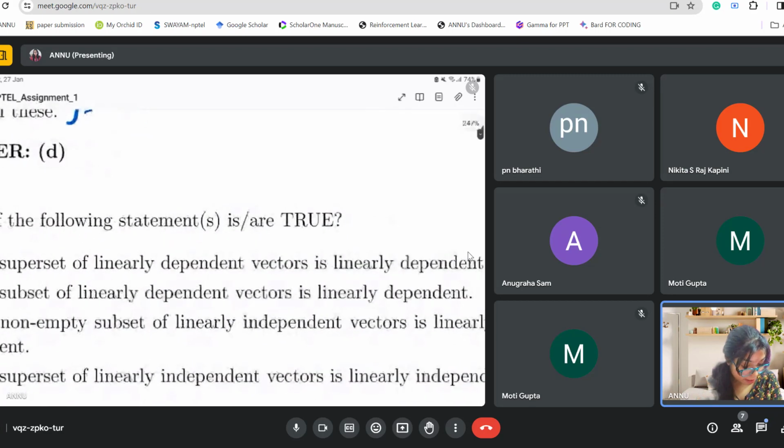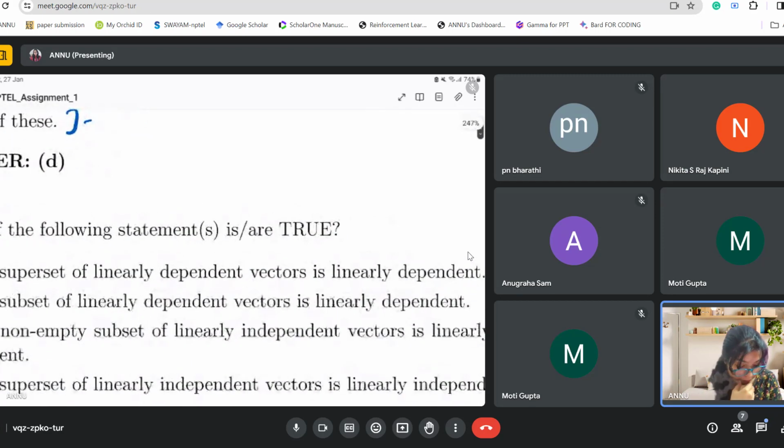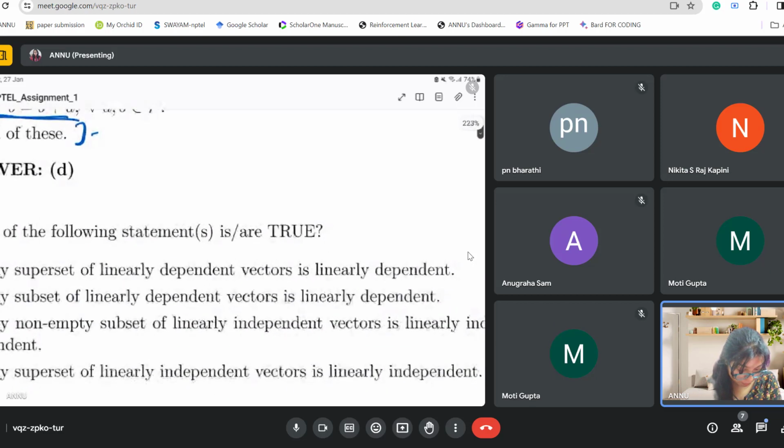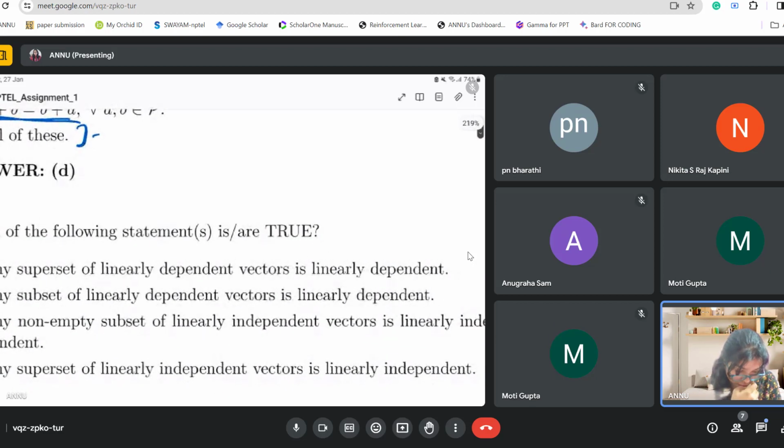Can you explain the analogy? How is it, Bharti? One and three.